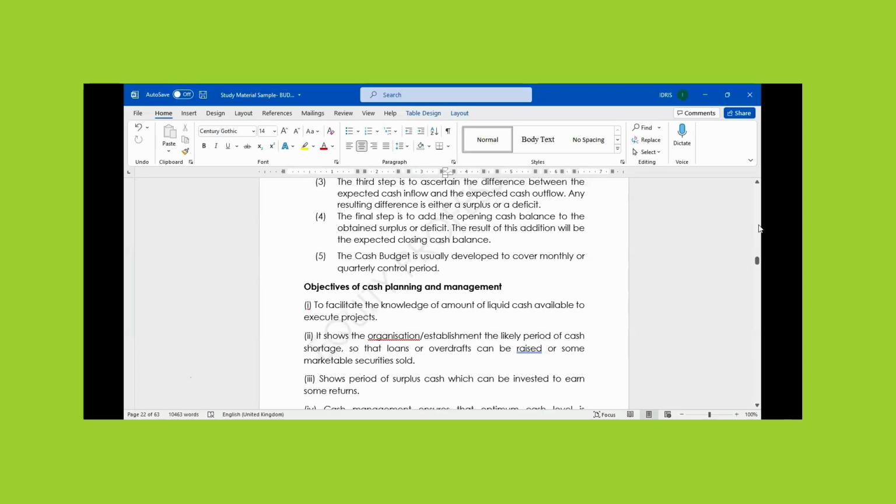Why do we need to do cash budget? That is the objective of cash planning and management. Why do we need to prepare cash budget?